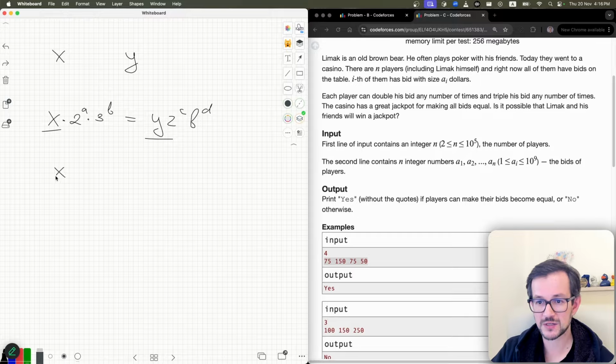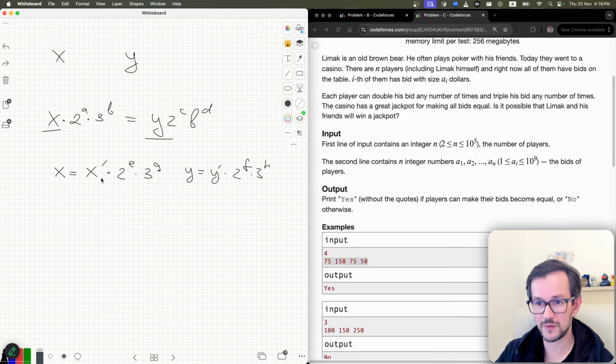So x is some x prime multiplied by 2 to the power e and 3 to the power g. And y is y prime multiplied by 2 to the power f and by 3 to the power h.